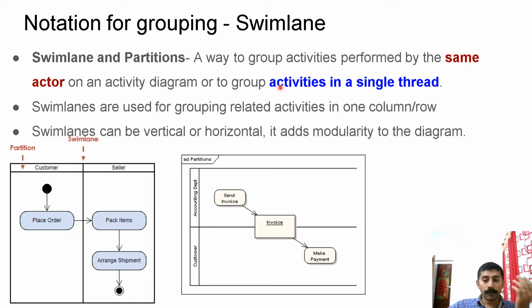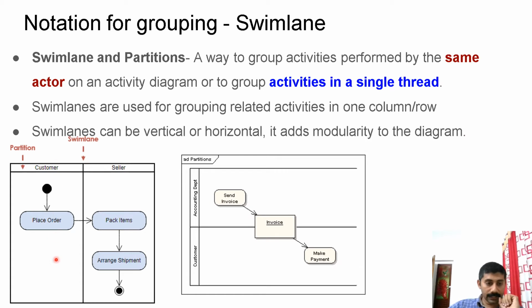One way is to group the activities performed by the same actor, or group the activities happening in the same thread. That is up to the designer to group. So swim lanes are used for grouping related activities in one column or row. Swim lane can be vertical or horizontal. It adds modularity to the diagram.